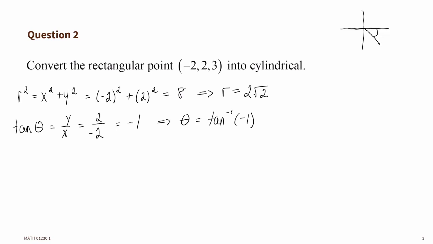Which means the point would be that, which is not our point, is it? Because our point's there. That's the angle we want.